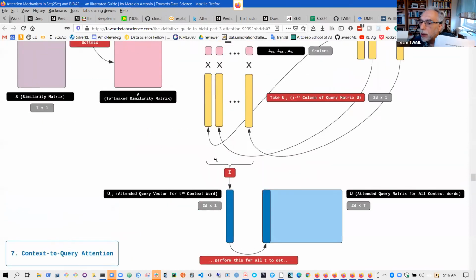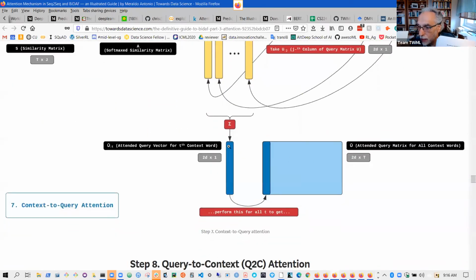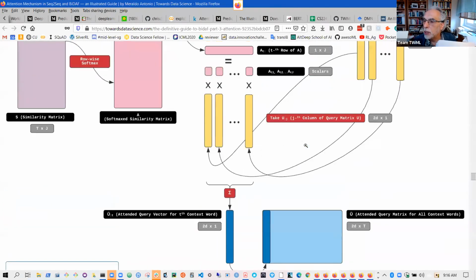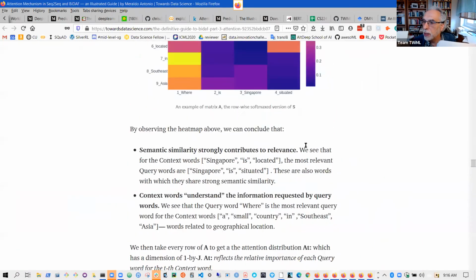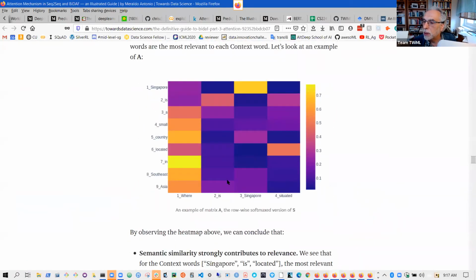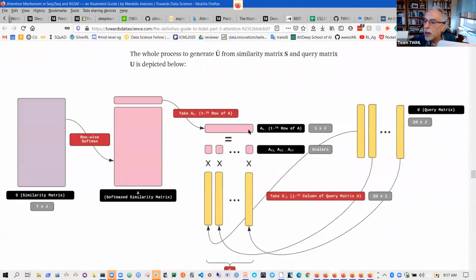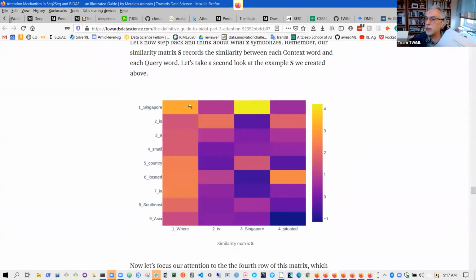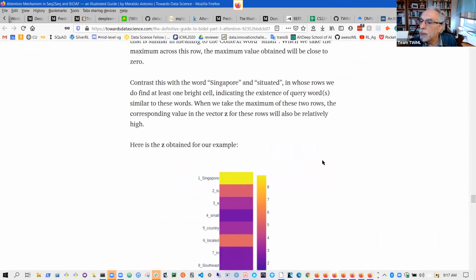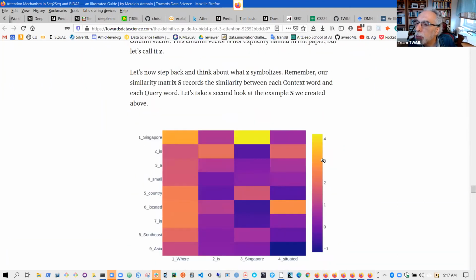Oh, and then, sorry, arranging all of these column vectors for all of the context words, you have this matrix, the attended query matrix, and he showed that at the beginning here. And then I guess he's going to build a similar matrix for the other direction. Or maybe not, maybe he's talking about the similarity matrix.